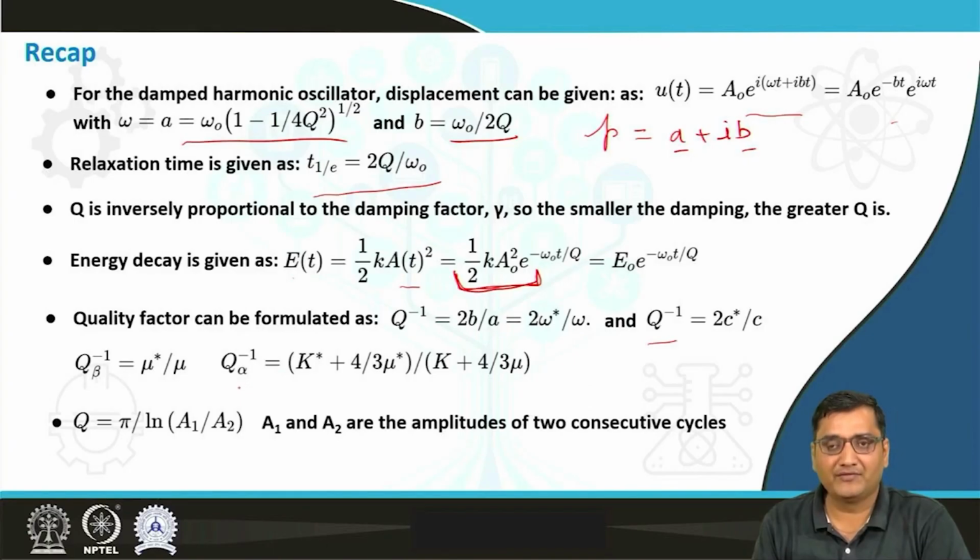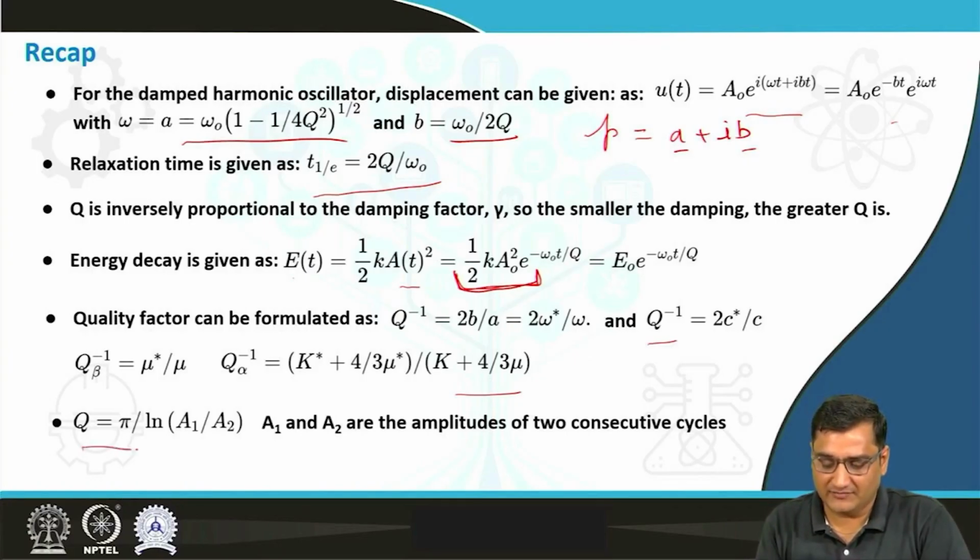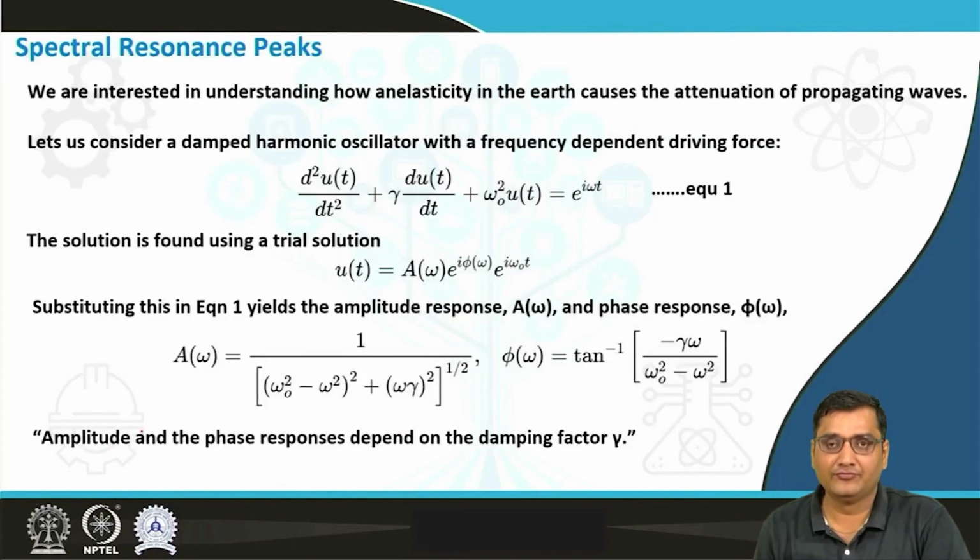Similarly, for the P wave velocity, it is k star plus 4 by 3 mu star by k plus 4 by 3 mu. And if you know the value of the amplitude at 2 consecutive cycles, then the quality factor can be deduced by this particular expression, which says that Q is equal to pi by ln A1 by A2.